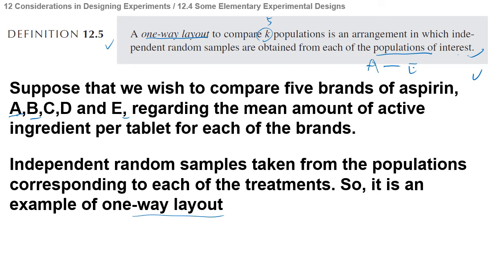This is different from the previous example, where we randomly divided 125 students into 5 different groups. But in this one-way layout design, we have 5 independent populations, and we take samples from each of the 5 different populations. That's the difference.